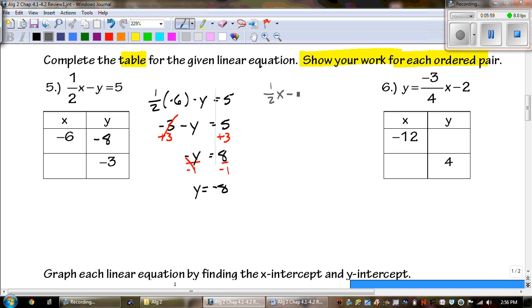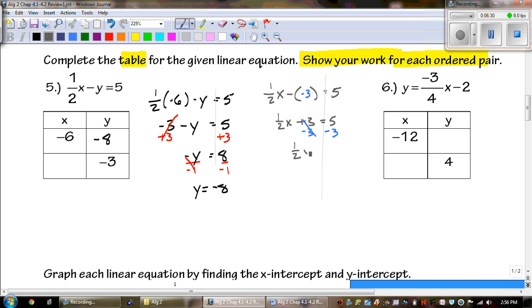1/2 x, and we know the y, because they told us the y this time, y is negative 3. Okay, I'm going to draw the line down the center. So 1/2 x. Now we have two negative signs here, which makes that a positive 3. And now as I'm solving for x, I'm going to subtract 3 from both sides.